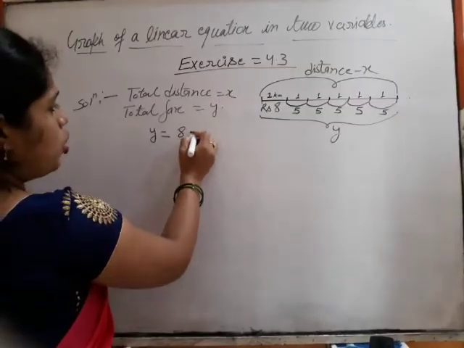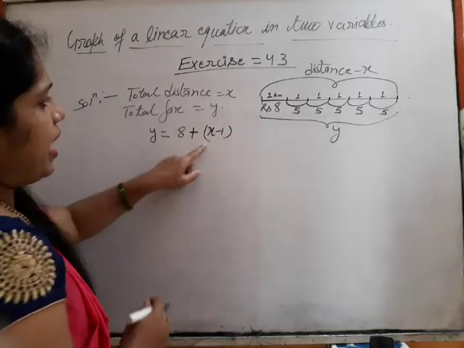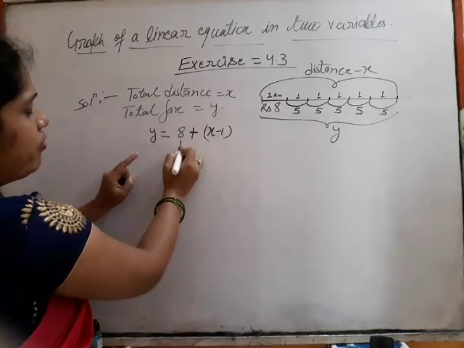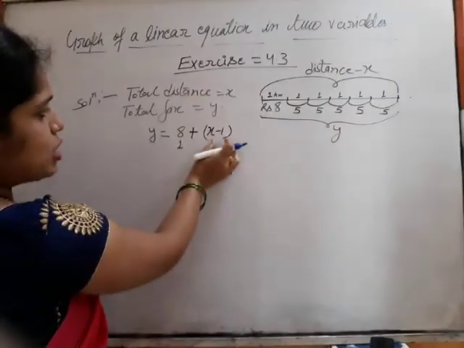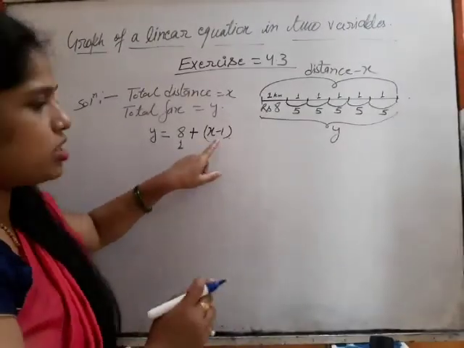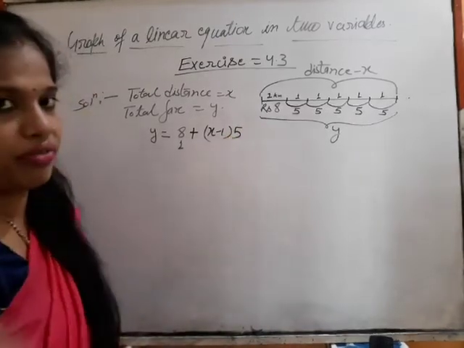Okay. So plus x minus 1. This is the fare for the first kilometer and the rest of the kilometers is x minus 1. This is the distance. This is not the fare. Fare we will get if we multiply this with 5.